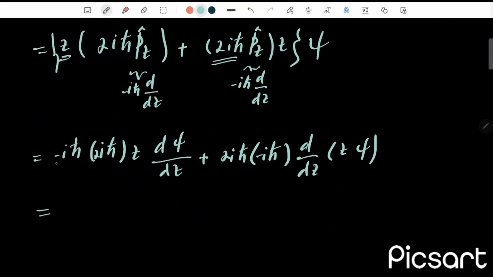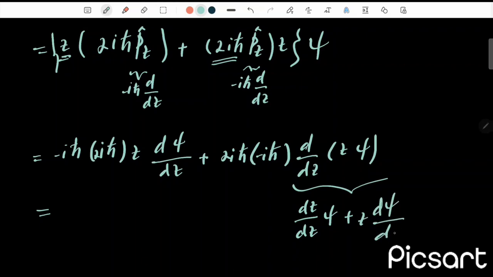And here we can see that we'll leave this as, and here we have dz over dz times psi plus z dpsi over dz.